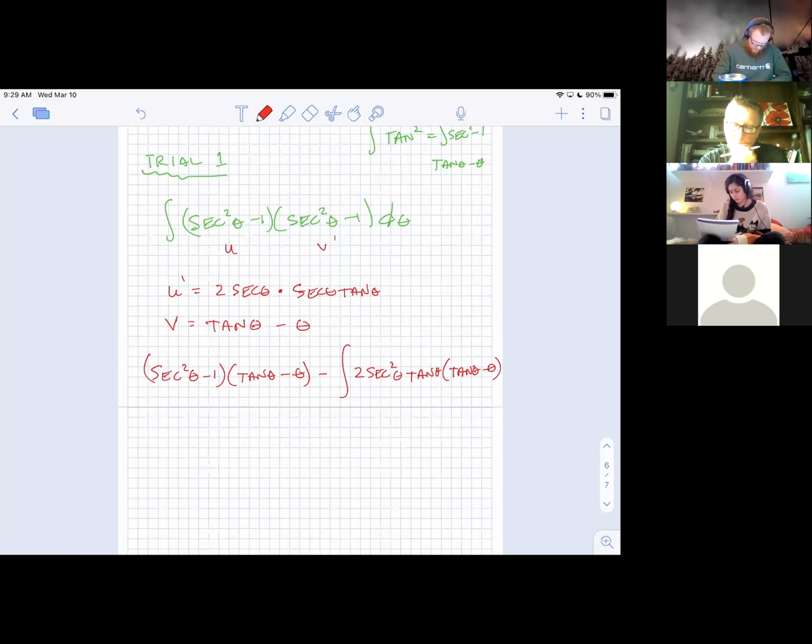Feeling like trial number 1 is a failure. That did not work. Not sure, but seems worse. Tangent is sine over cosine, secant is 1 over cosine, so that's going to be cosine cubed. That just seems really ugly.